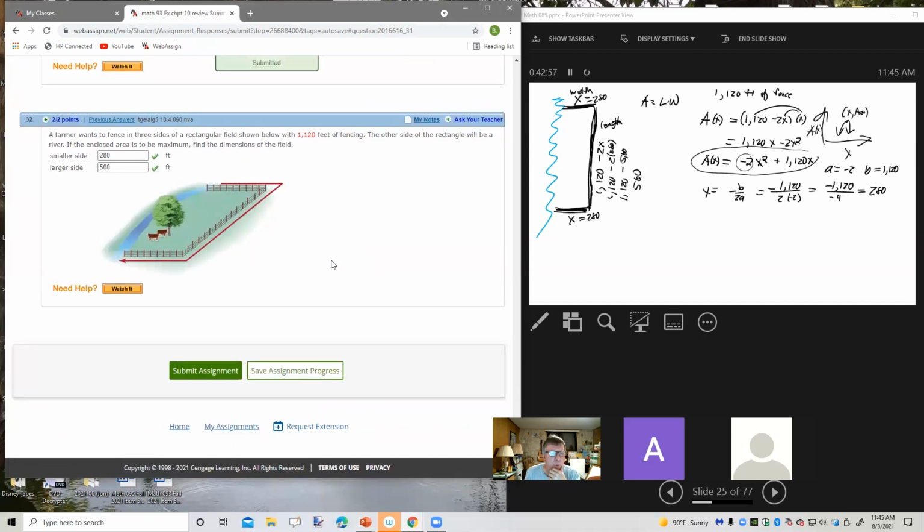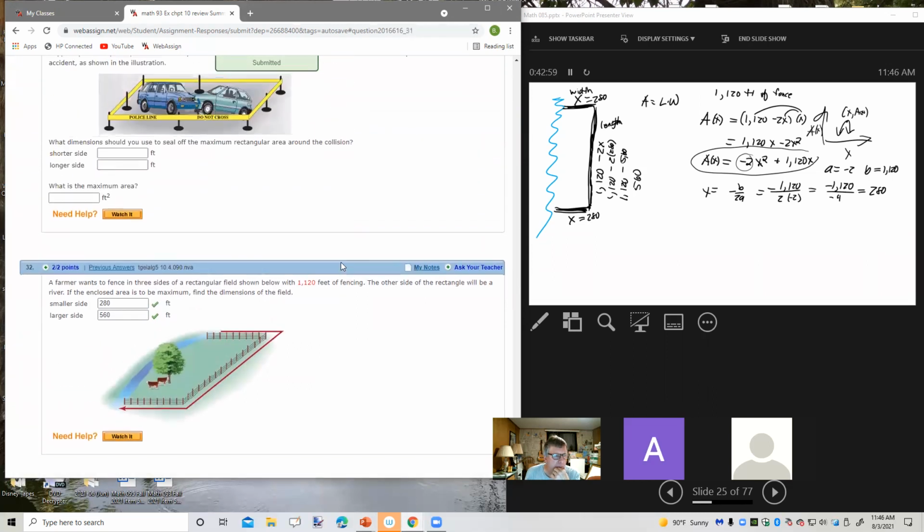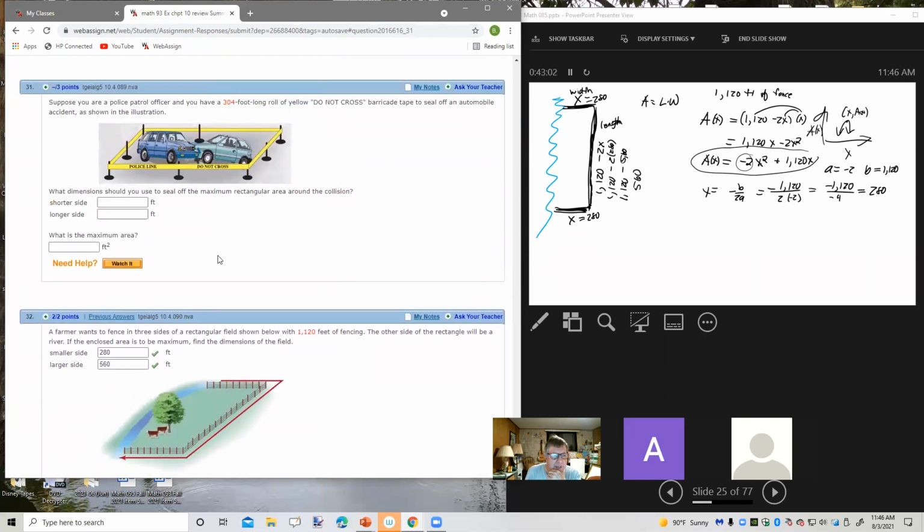Okay, I want to point something out. Nobody asked about this, but I want to bring it up. And I've actually contacted the WebAssign people, but they didn't see the problem. It says, suppose you are a patrol officer and you have a 304-foot roll of yellow tape, blah, blah, blah. Anyway, the thing of it is this. In this particular problem, let's say that you determine it's a square. Well, if that's true, this is confusing.